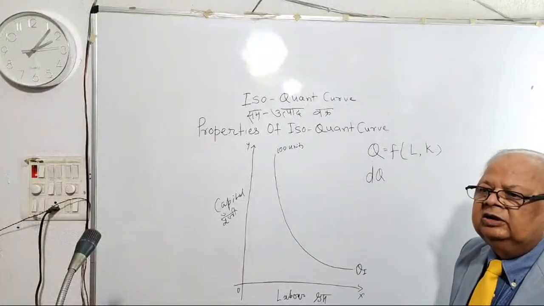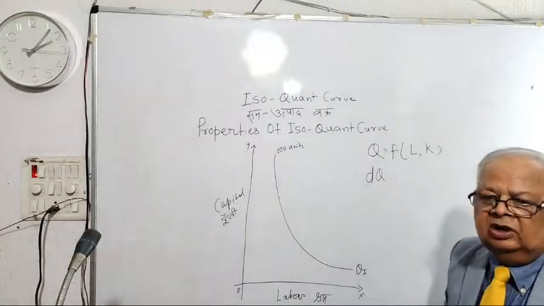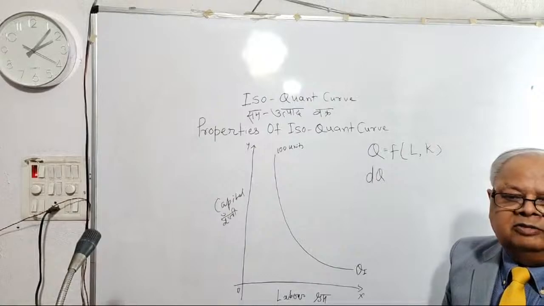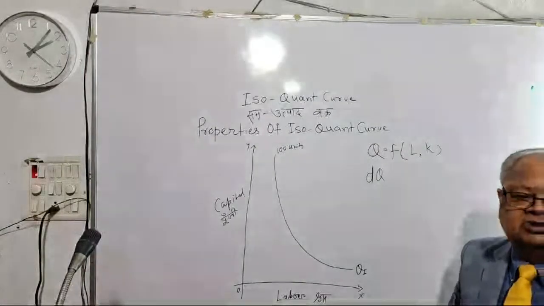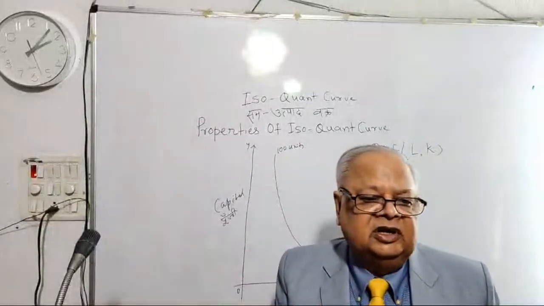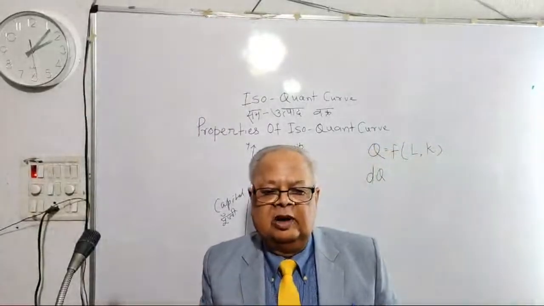Differential is important for maximization. All producers face two problems: maxima or minima. Maxima means maximum, minima means minimum. In economics, many things are related to maximum and minimum.